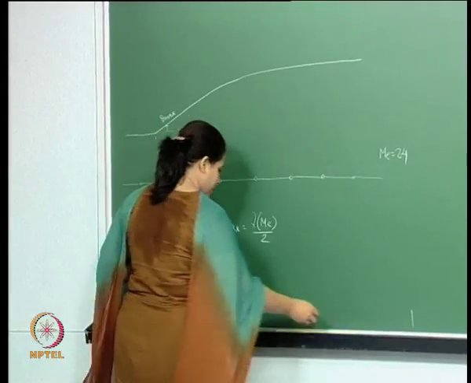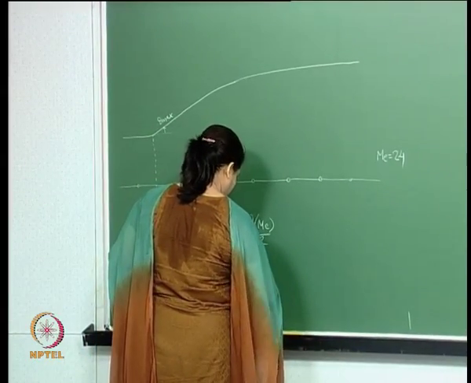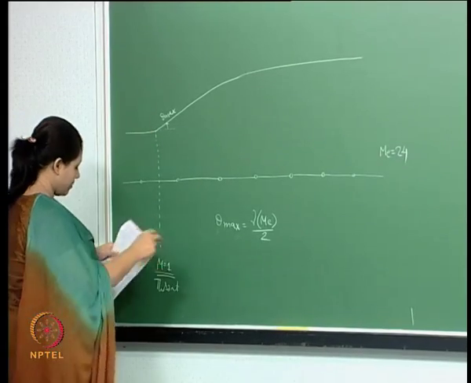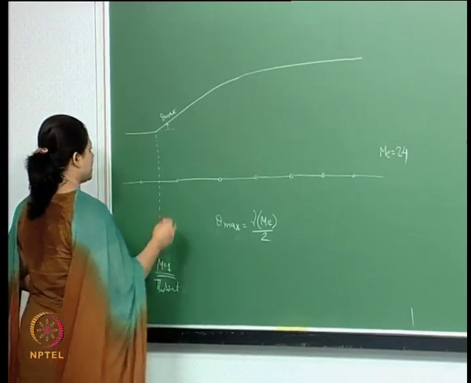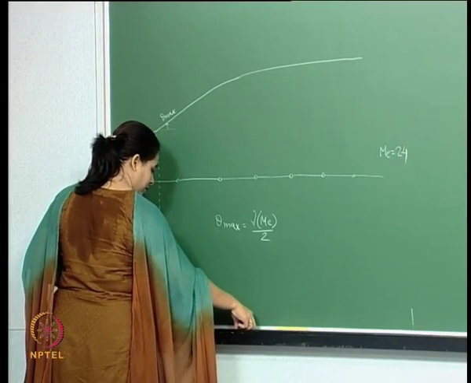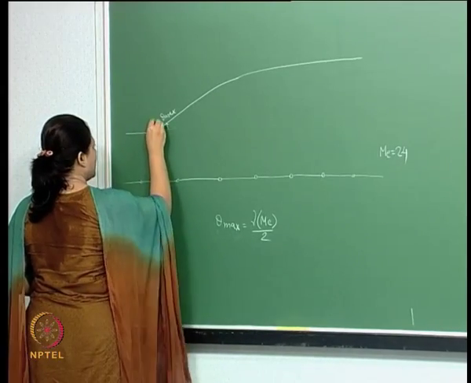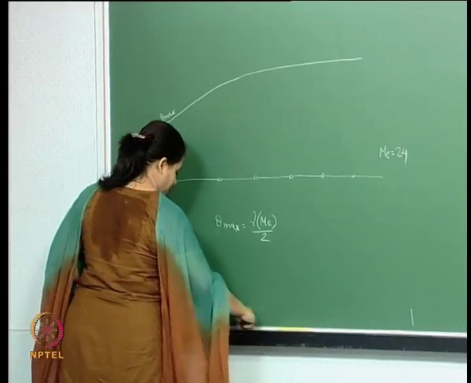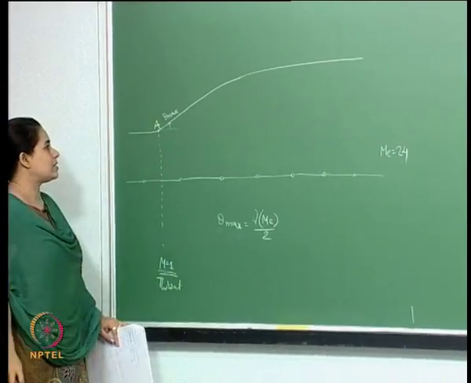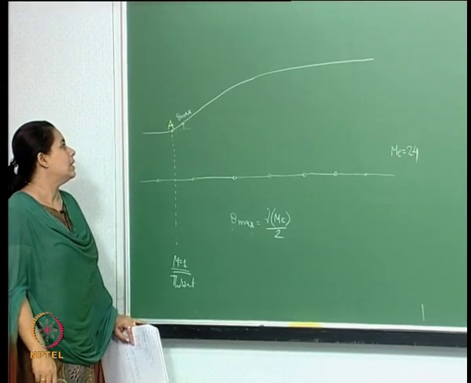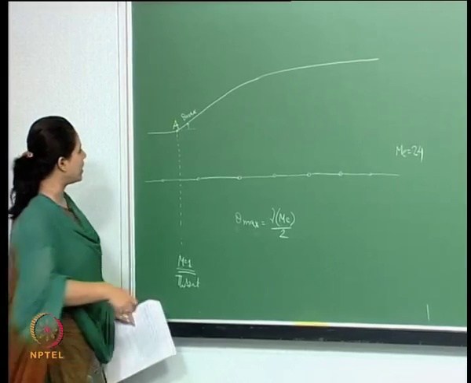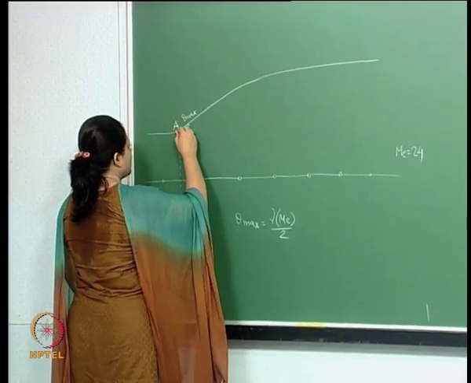So what we said was that essentially we have a centered expansion wave. Let's call this point A. Basically we have an expansion fan going from here.